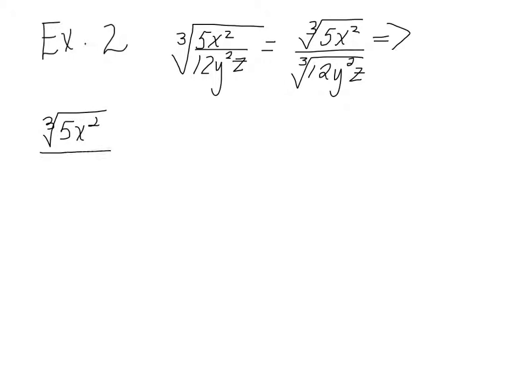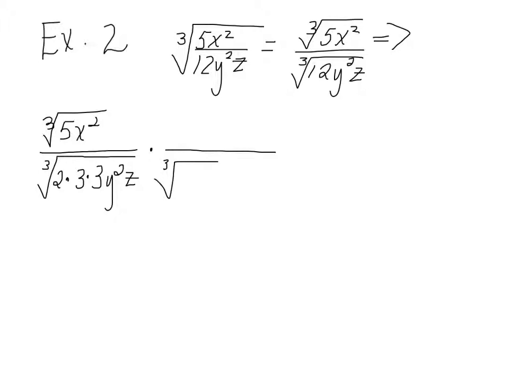And to make everything easier, I'm going to break down 12 to 2 times 3 times 3 so that you can see that we don't have enough of anything to make a group of 3. So what you have to do is you have to make enough, so you have to multiply it.